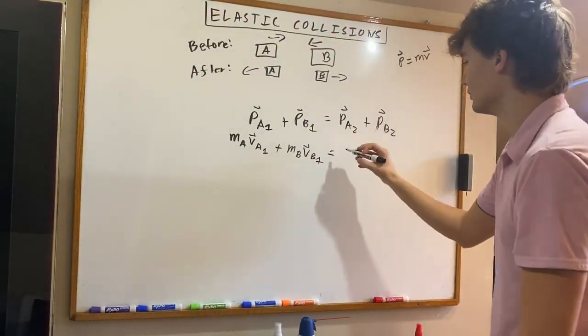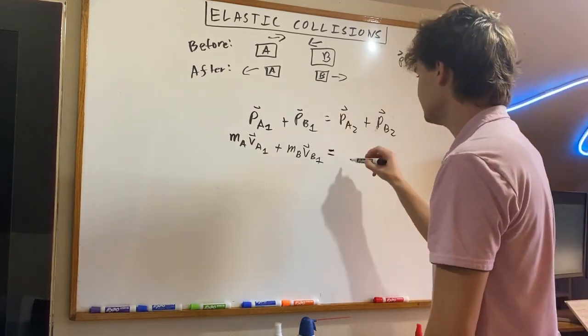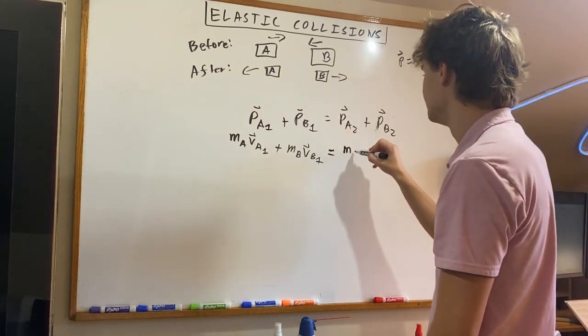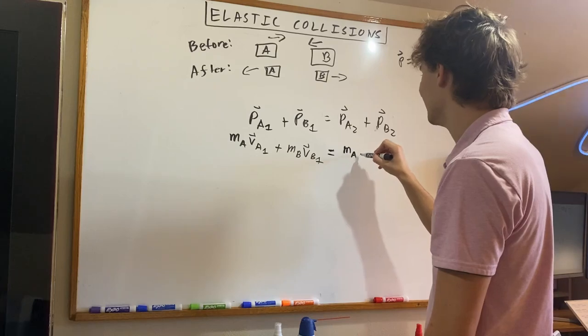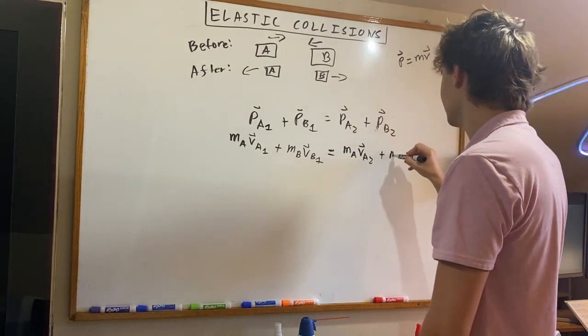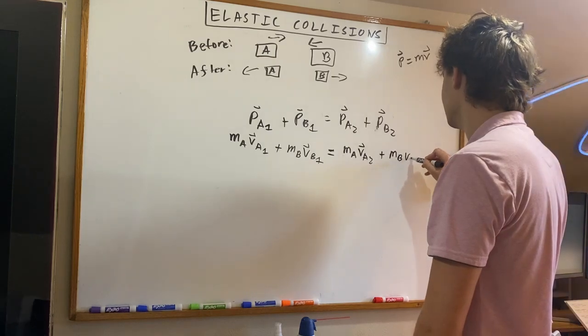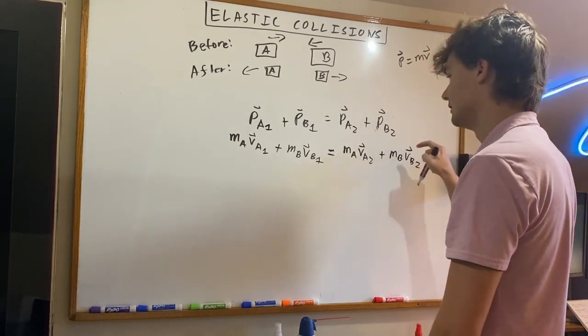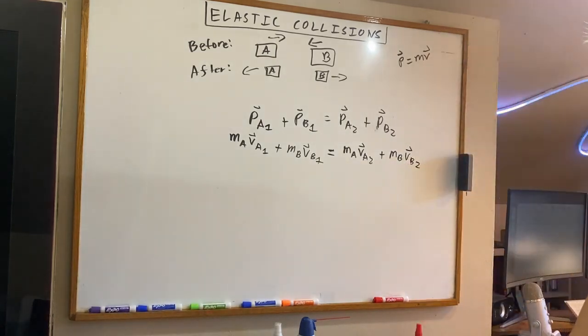I'll make this equal to MA VA2, keep that as a vector, plus MB VB2. Yep, so I'll keep those as vectors.